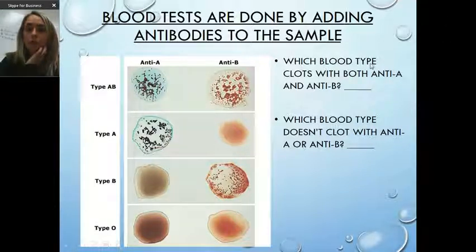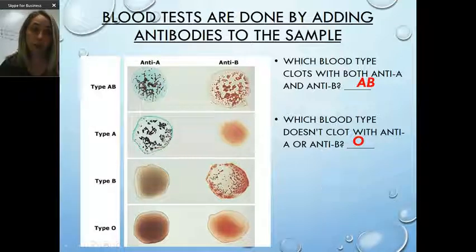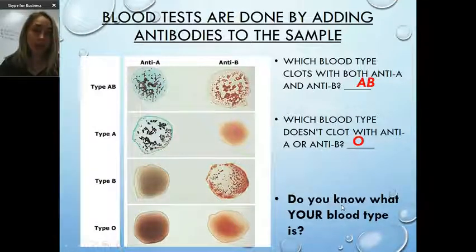So when we answer these questions, which blood type clots with both anti-A and anti-B? That should be AB blood. Which blood type doesn't clot with either? Type O. If you do not know what your blood type is, you can find out through your doctor, or if you donate blood, the Red Cross will let you know what your blood type is if you ask them.